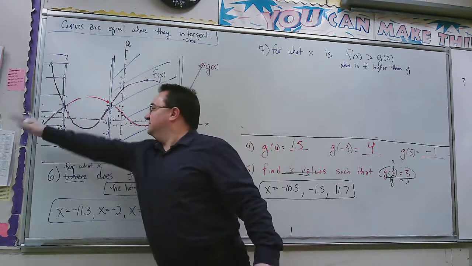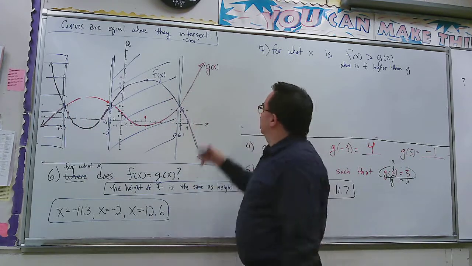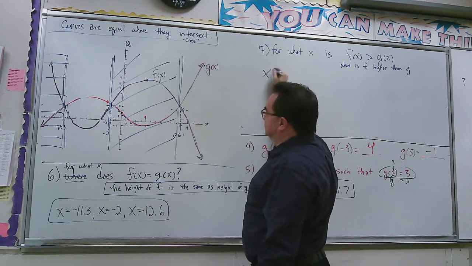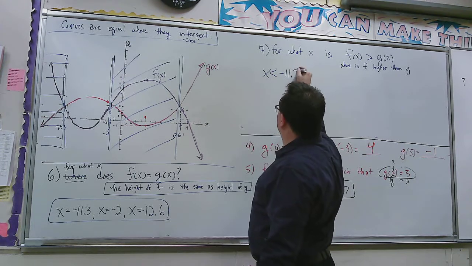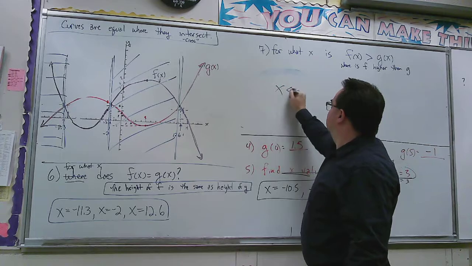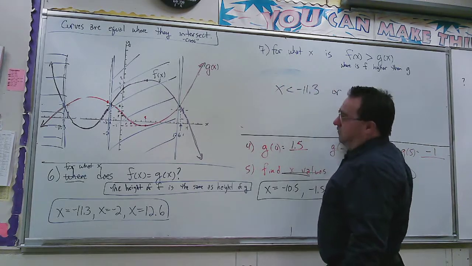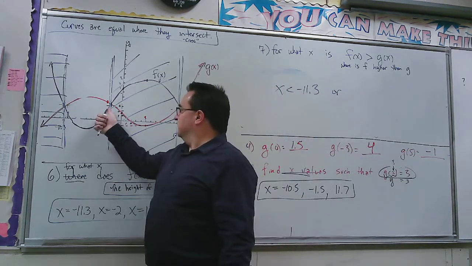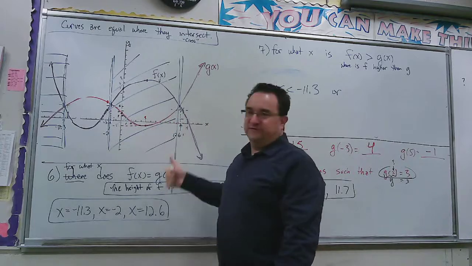Everywhere behind that X value. So I would say for X's less than minus 11.3, or for any X between these two lines.